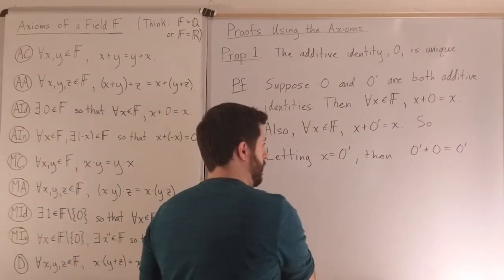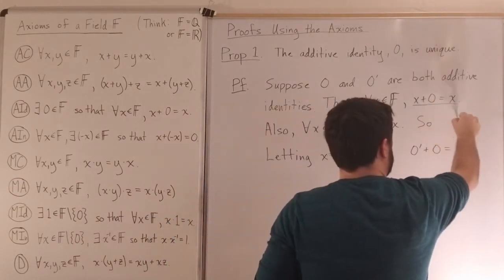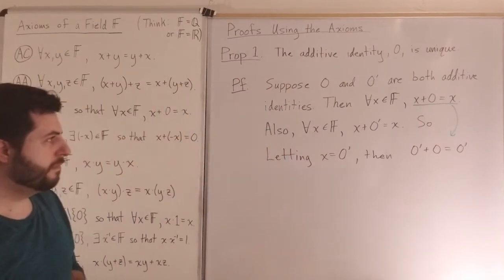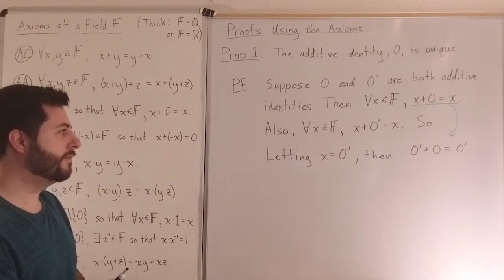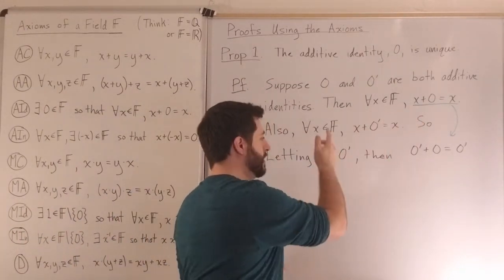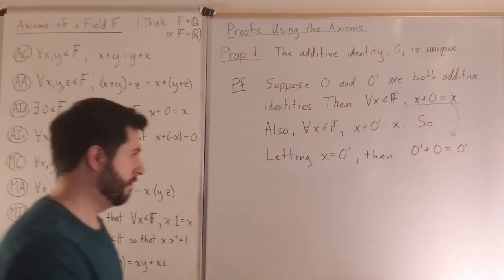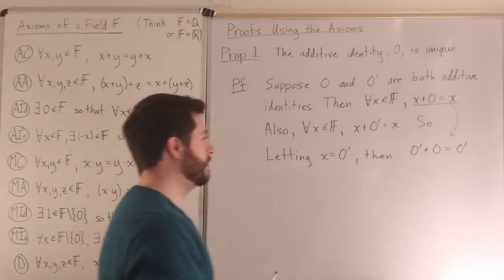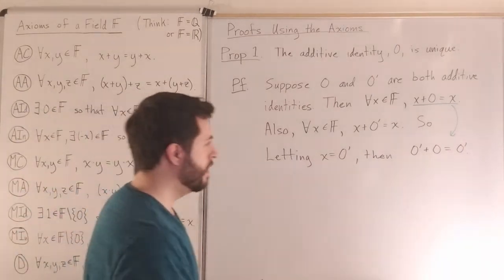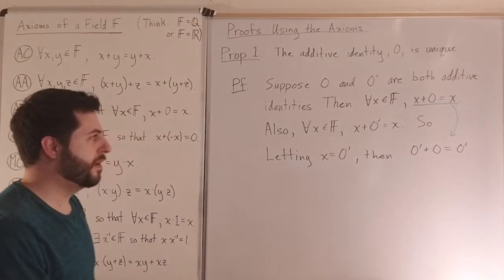That's coming directly from this equation. Remember, it has to work for every x in the field. For every x in the field, this equation is true, and I'm saying let's look at this one specific one, and it should work there because that is an element of the field. So we know that 0 prime plus 0 is equal to 0 prime.